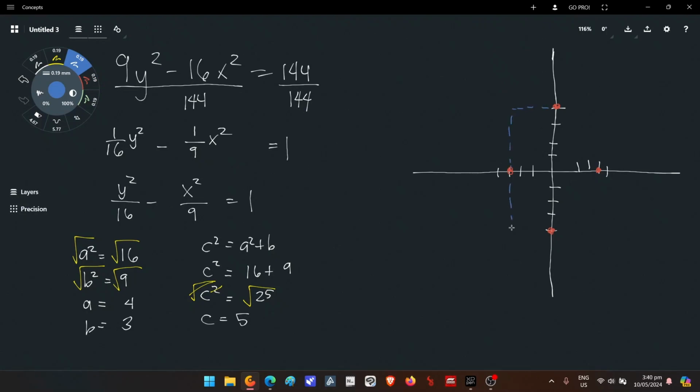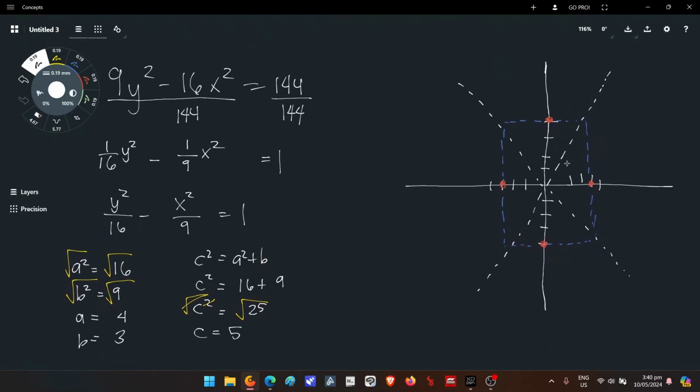This is our box, so we can find the asymptotes much easier. And then we're going to draw it like so. After drawing, make sure it's not touching the asymptotes.